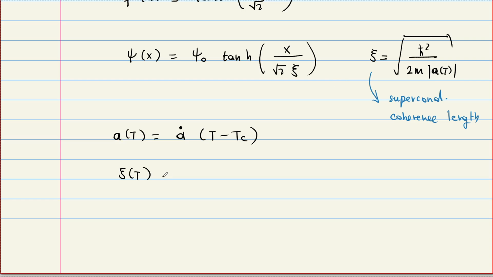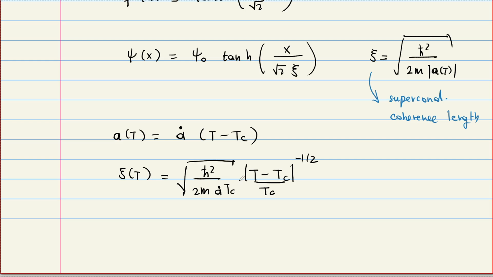Psi of t is equal to, let me write all these, sqrt(h bar squared over 2m A dot) times (t over tc minus 1) to the minus a half. Did I get that right? Yes. And typically what we do is we also take out a factor of tc.